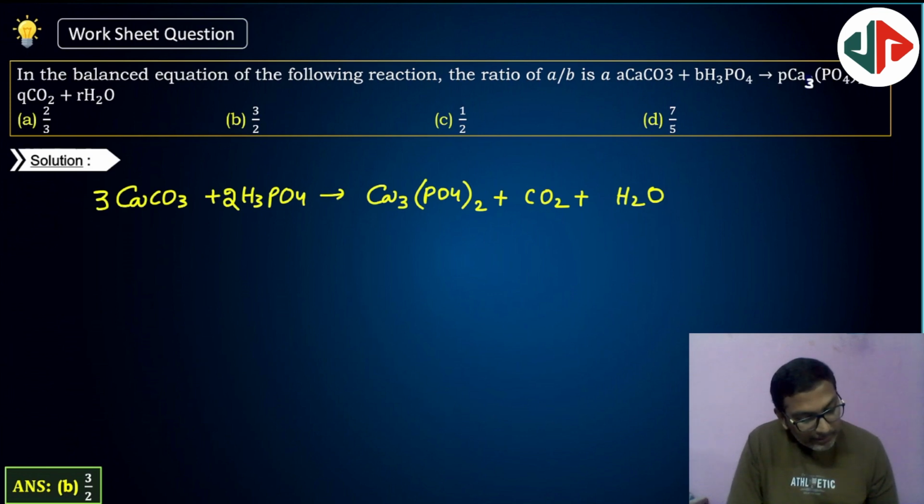So 3 moles of H2CO3, that means here 3 and here 3. This is the balanced equation.